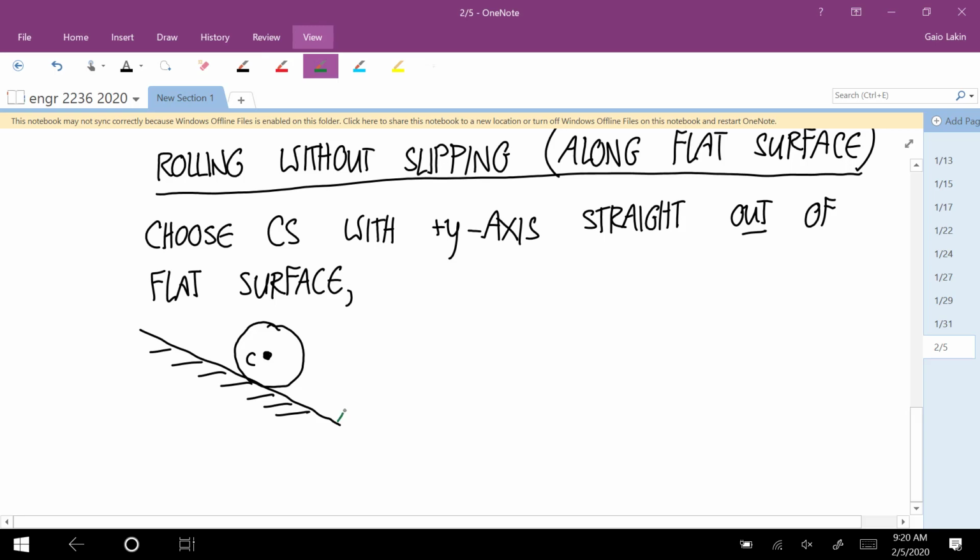The coordinate system has the y-axis pointing from inside the surface to outside the surface, and that means x is that way.